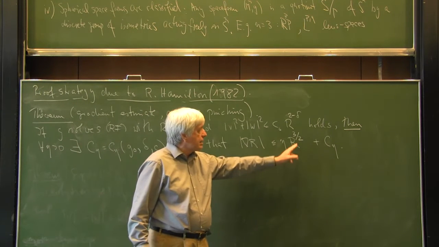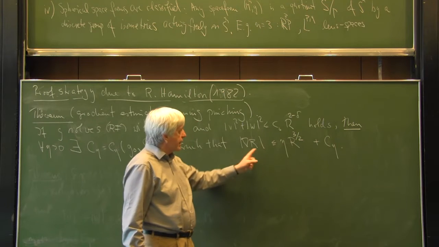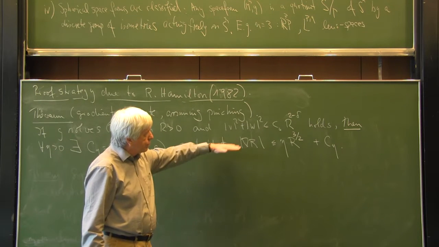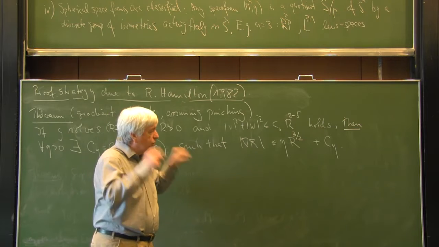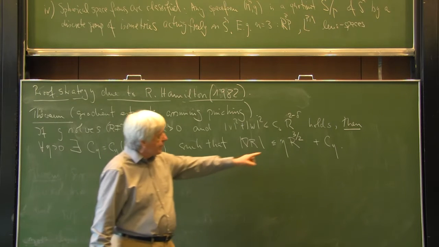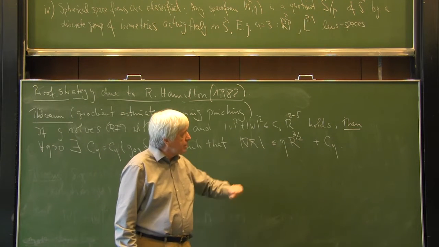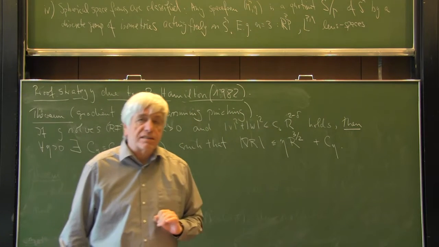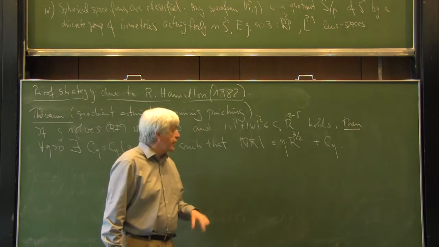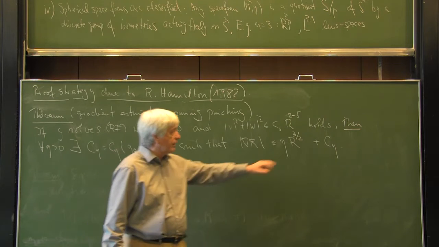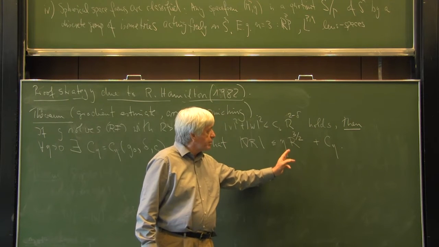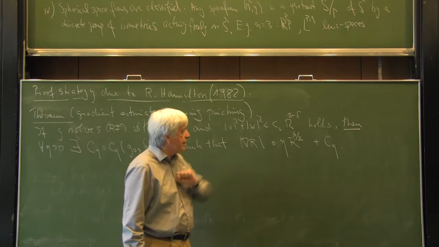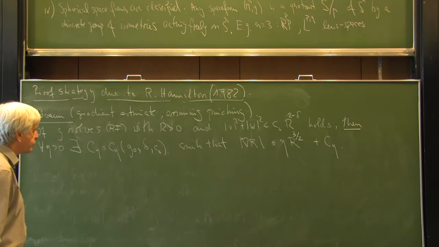But here r to the 3/2 scales exactly like the gradient of the scalar curvature. The improvement here, and therefore almost scale breaking, is that this eta can be arbitrarily small, and this constant c of eta is a fixed constant which does not change if r goes very large. So the improved estimate is the fact that eta can be arbitrarily small.